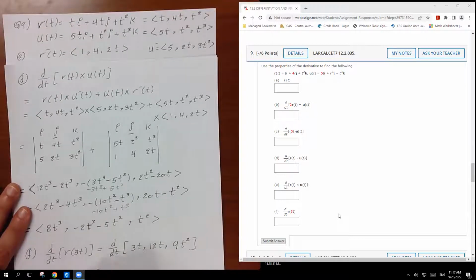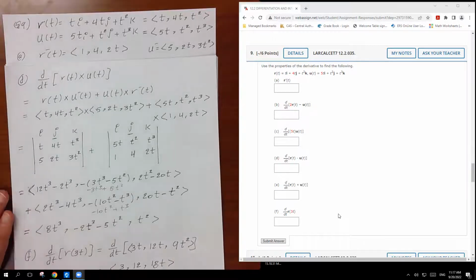Now find the derivative for this one. It's a vector, so it's going to be 3, 12, and this is going to be 18t. That's it for this problem.